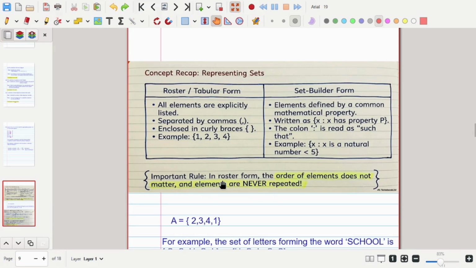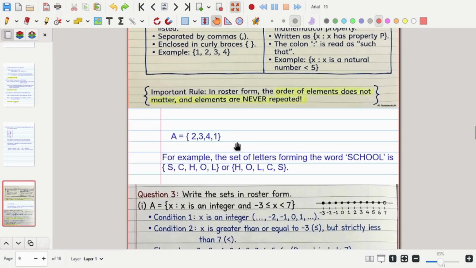An important rule is that in the roster form the order of the elements does not matter and the elements are never repeated. Order of elements means here we have written 1, 2, 3, 4. Even if we write 2, 3, 4, 1, they are exactly the same. So order of elements doesn't matter. Elements are never repeated.